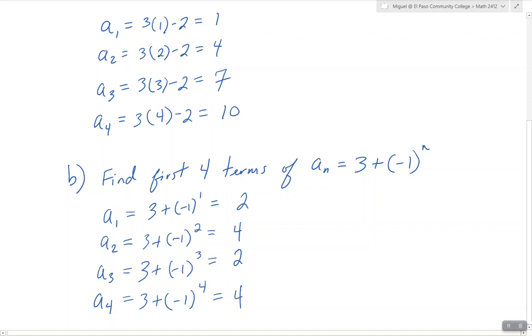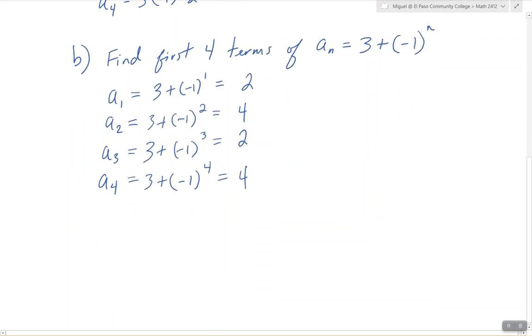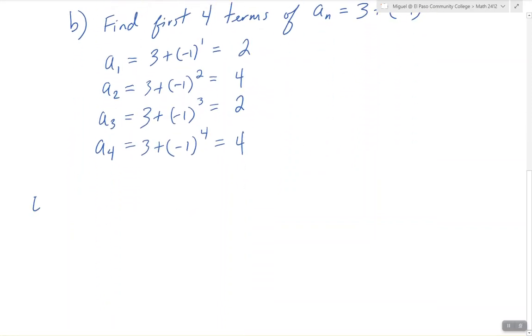Example 2. Let's try one with a fractional expression. Same idea, we're still going to find the first four terms.